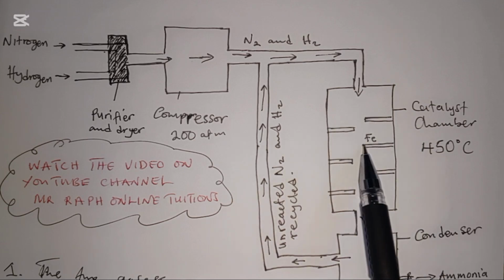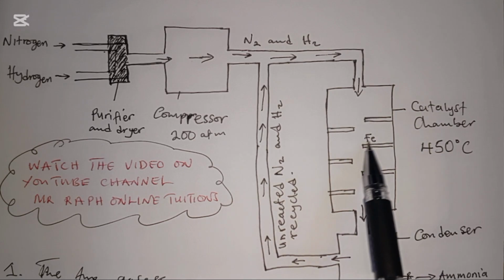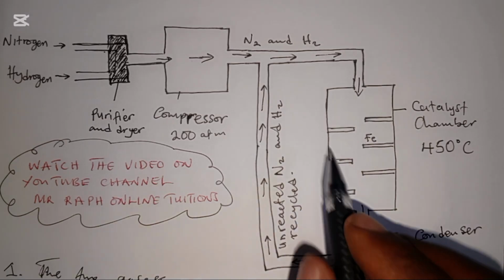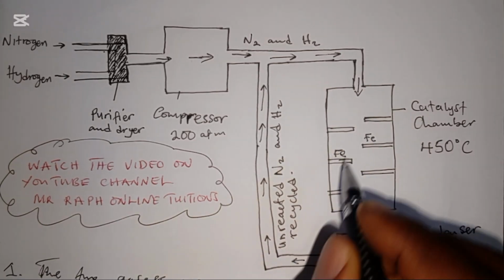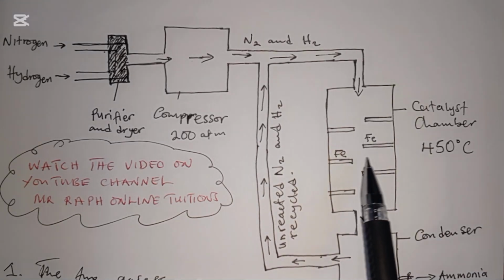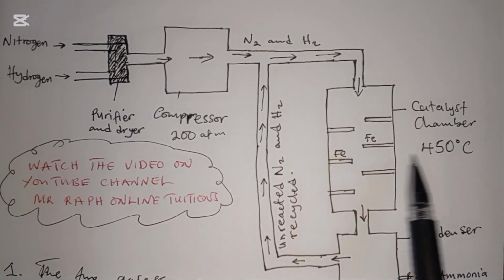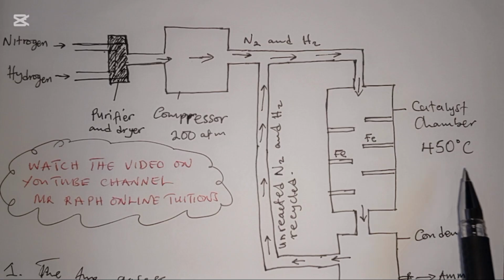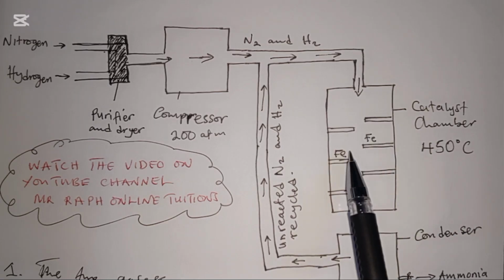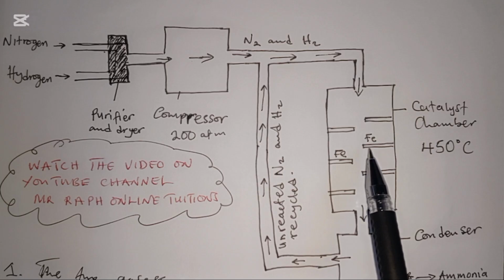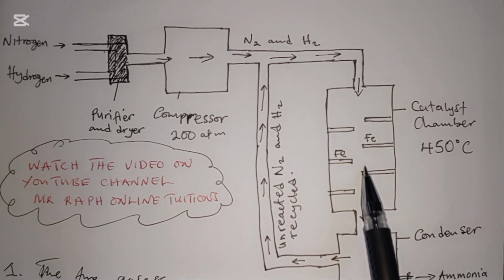In this case, iron is used as a catalyst. It is heated to about 450 to 500 degrees Celsius. This is where nitrogen and hydrogen are converted to ammonia.